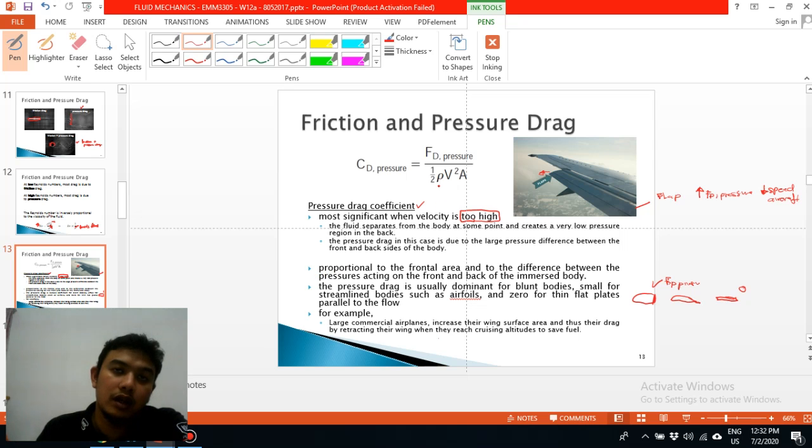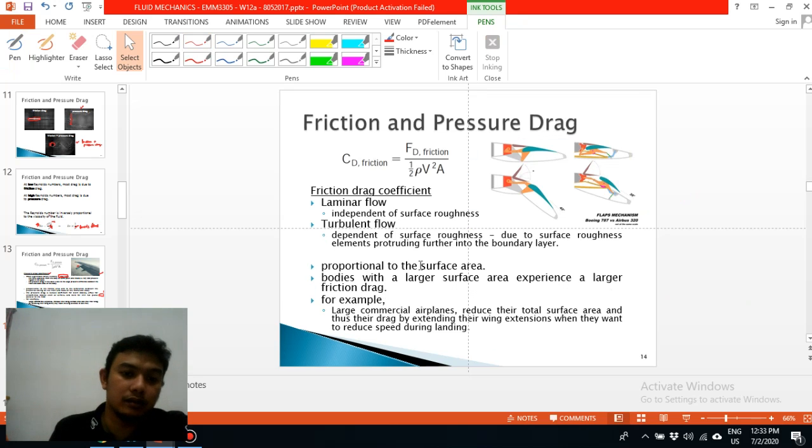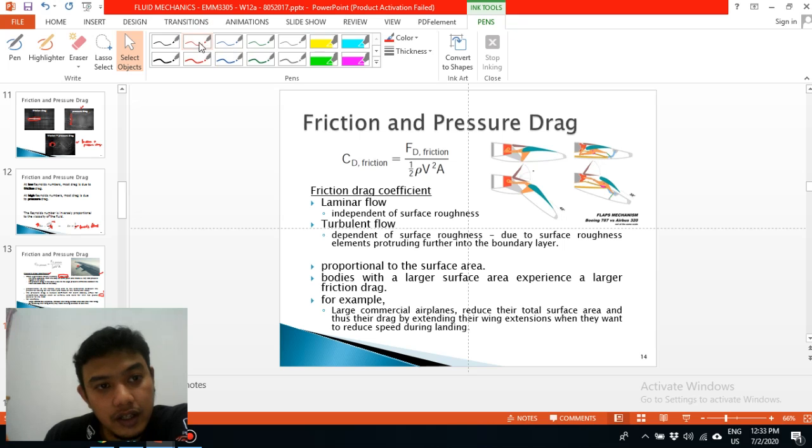So we cannot say that pressure drag is always bad. In terms of aerodynamics, pressure drag should be less, but in order to reduce the speed, we should have higher pressure drag. This is more detail. If you can see here, there is a flap mechanism.